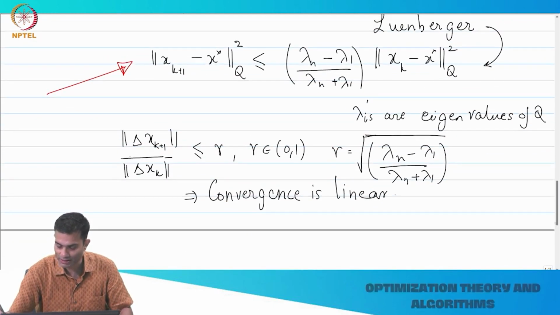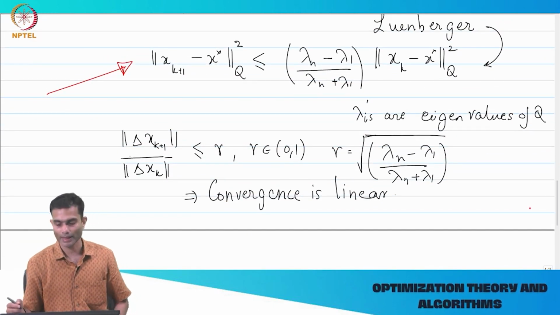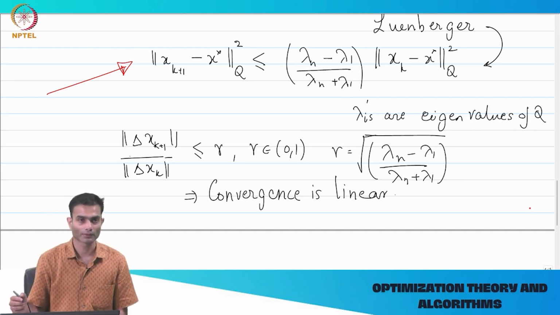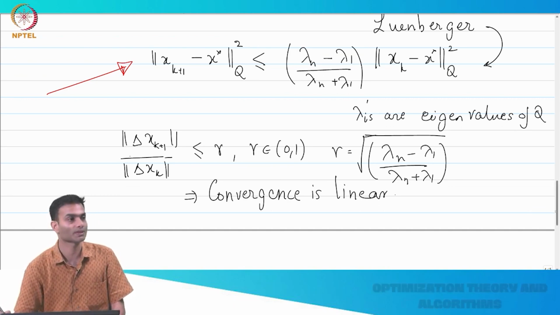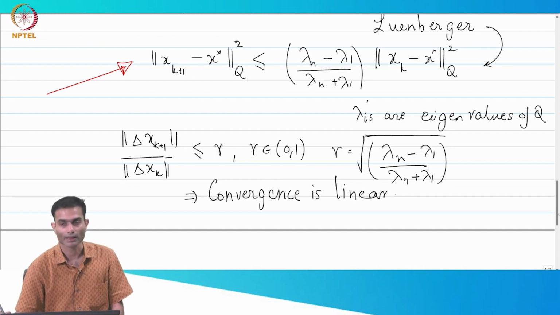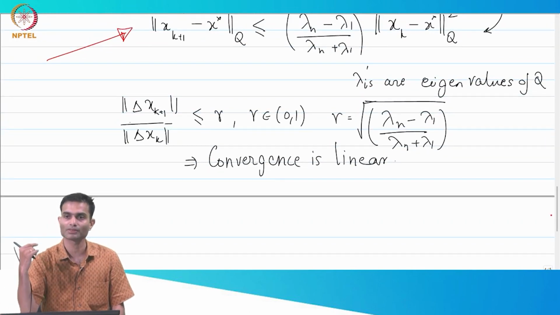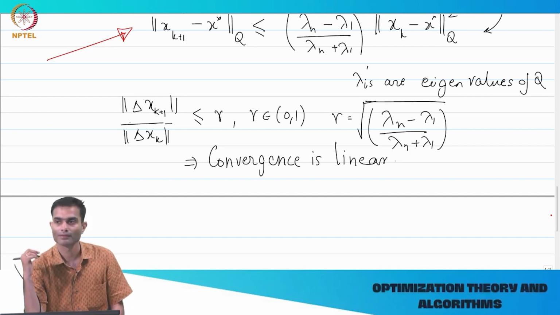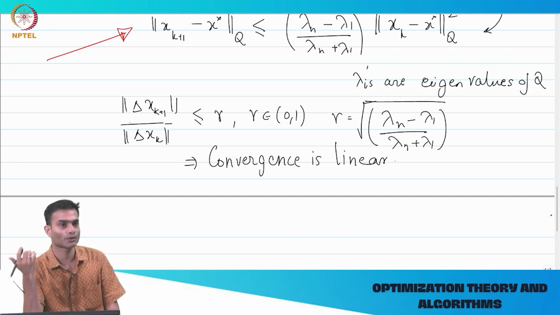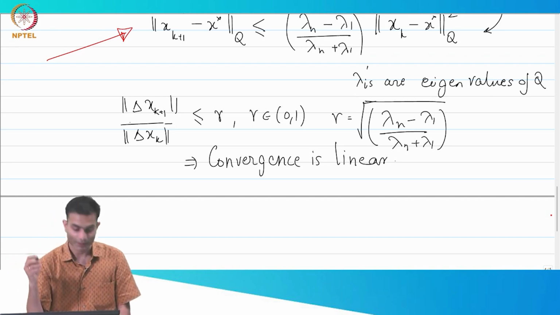So this expression that we have over here, lambda n and lambda 1, could also be written in terms of sigma n and sigma 1. When we were doing a review of linear algebra, we had encountered these two numbers. And what was that? When did we encounter the ratio of sigma n and sigma 1? The condition number, right?